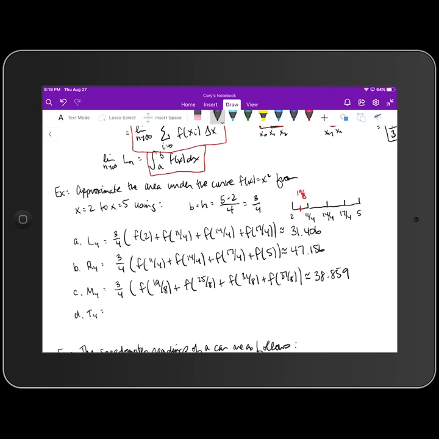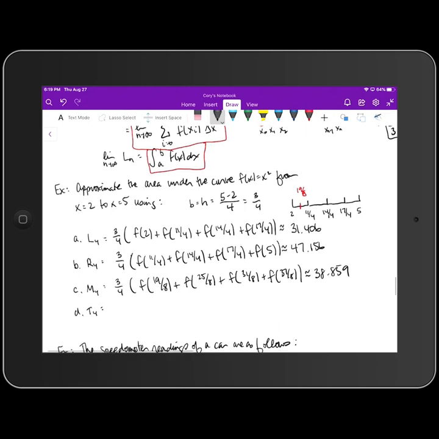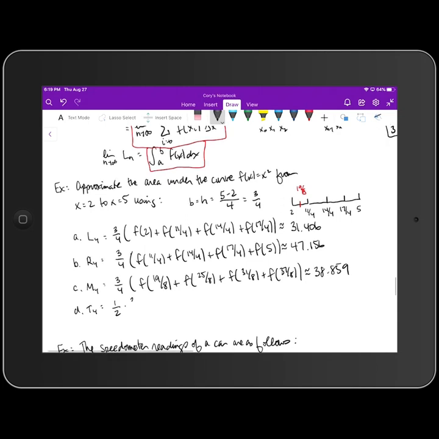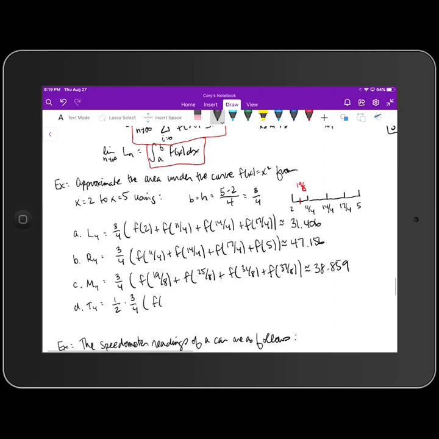And then when we do the trapezoidal approximation, I know I mentioned in class last time we can take the average of the left and right Riemann sums. And that's probably the fastest way to do it here, but I want to work on setting this up as well. Okay, so the trapezoidal approximation is going to be 1/2 the height. So our height is uniform. We're going to pull that height out front. And then we're going to multiply that by our bases. Now, again, with the trapezoidal approximation, we use the first base once.